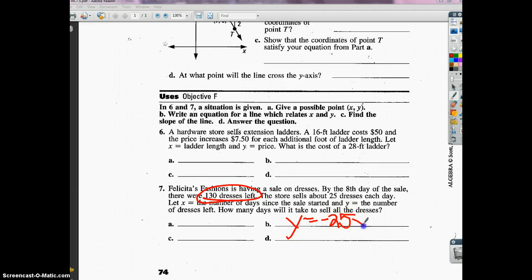Because we're selling the dresses, my mistake, plus b. Alright, so it should be negative 25, so you need to figure out when you have 0 dresses left. 0 dresses left equals negative 25 times x. How many days is it going to take? What's the x? Plus, you should know what your b is from this equation. Okay, I'm not going to give it to you.